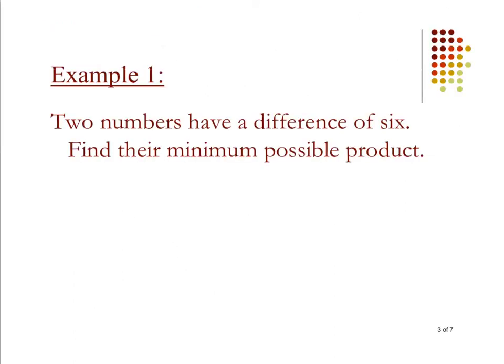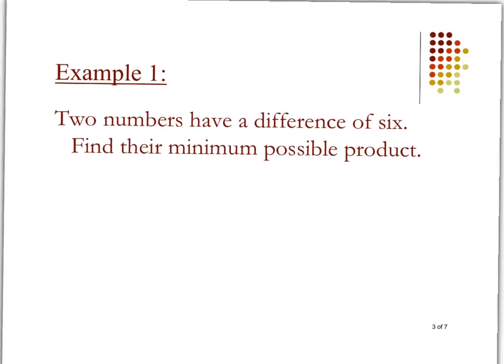Example 1 tells us two numbers have a difference of 6 and you want to find their minimum possible product. So let's put this over here and write out some equations. So if two numbers have a difference of 6, you can say that x minus y is equal to 6.